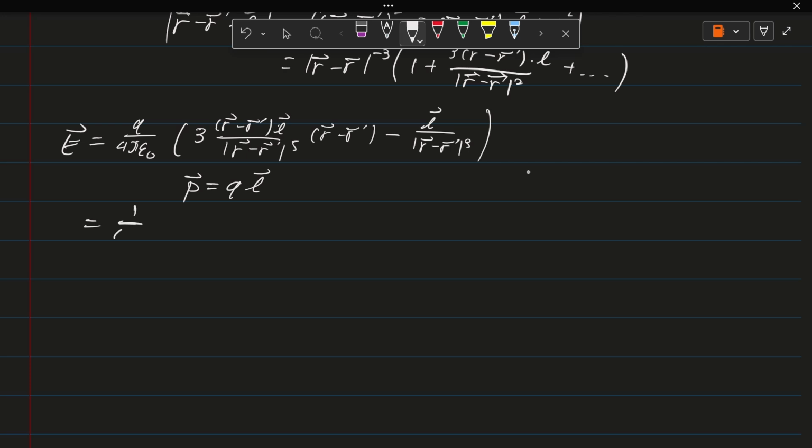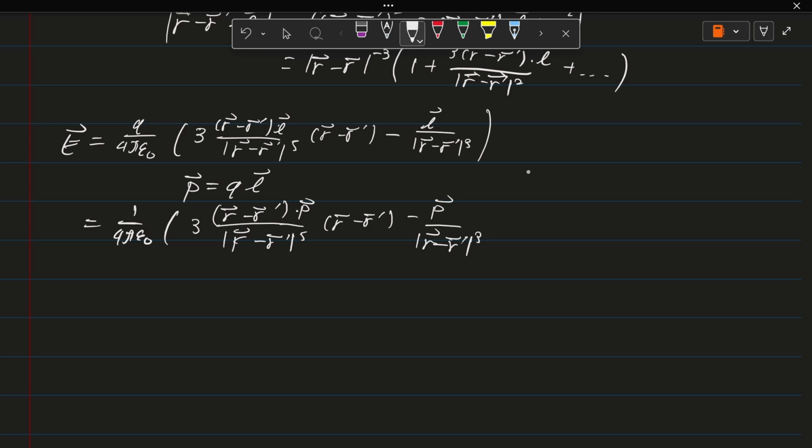This would be 1 over 4 pi epsilon 0 of 3 r vector minus r vector prime dot P vector over the length of r vector minus r vector prime to the power 5, times r vector minus r vector prime, minus P vector over r vector minus r vector prime to the power 3. Now, this is a very hard thing to see as to what this entire thing means.